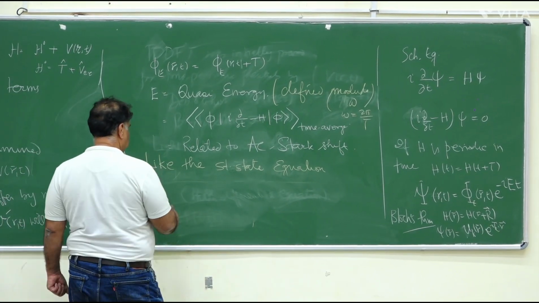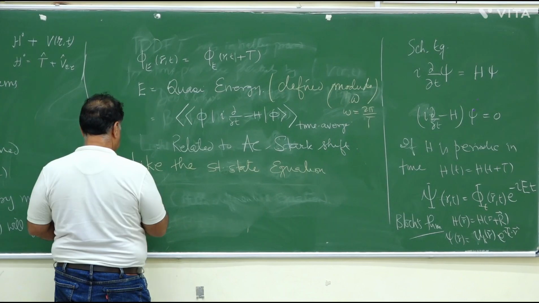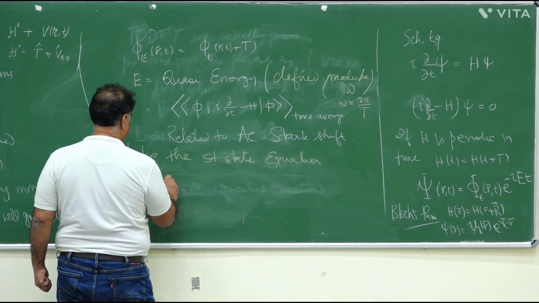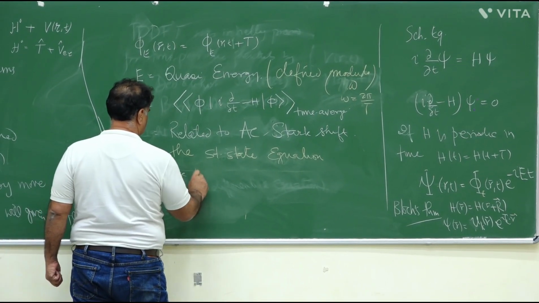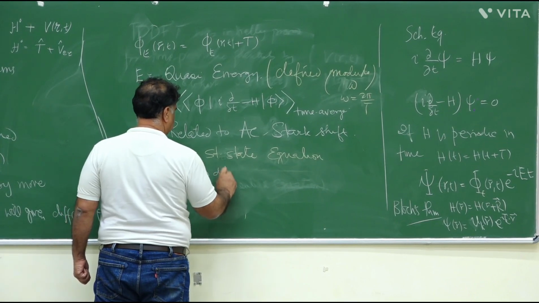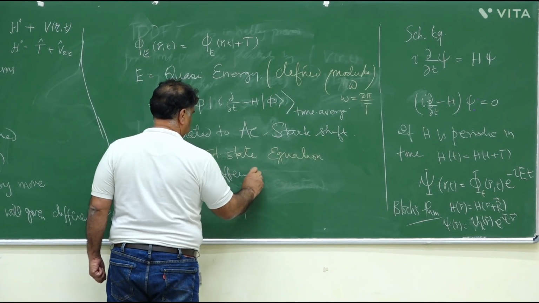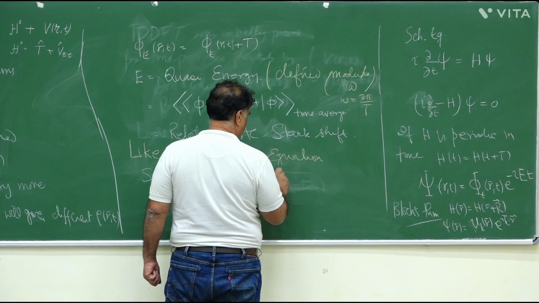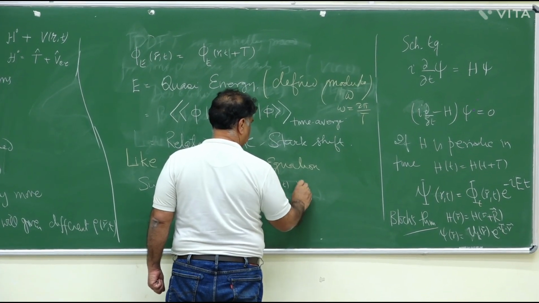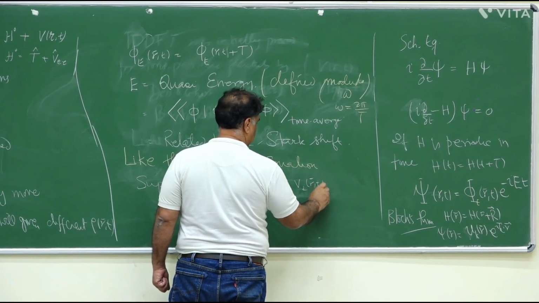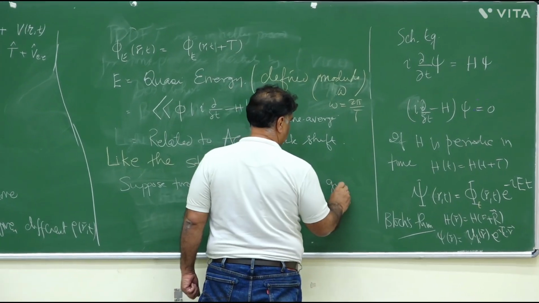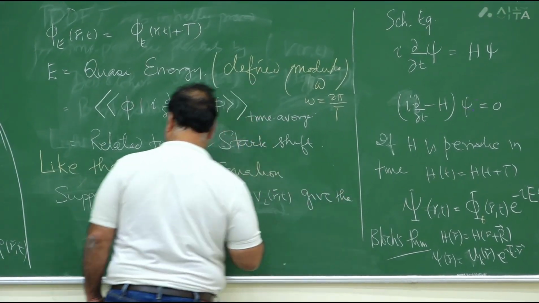What you can say is that, suppose two different potentials V1(r,t) and V2(r,t) give the same density.